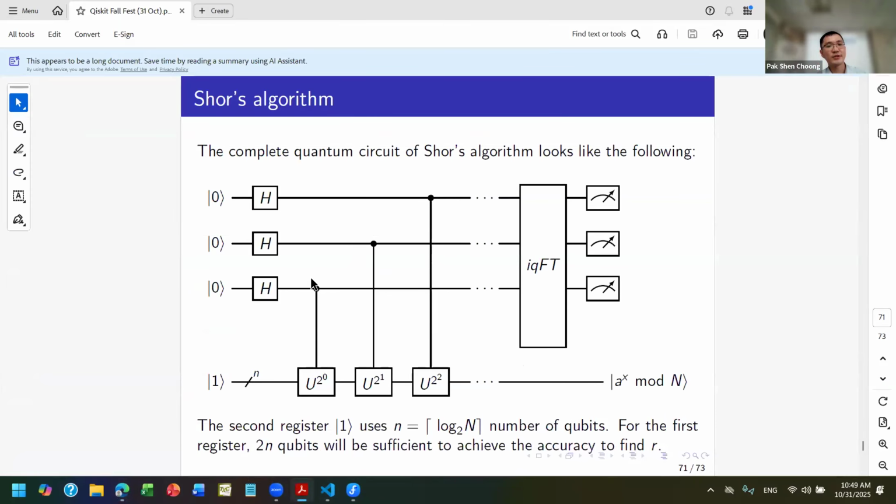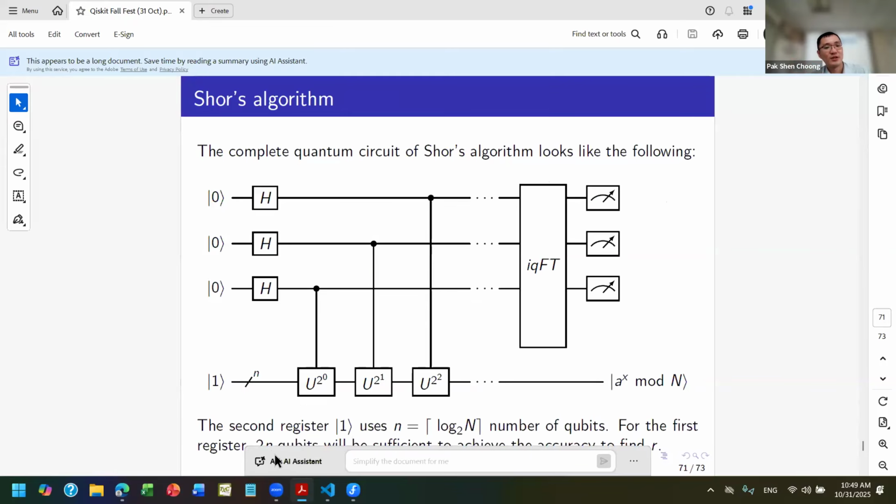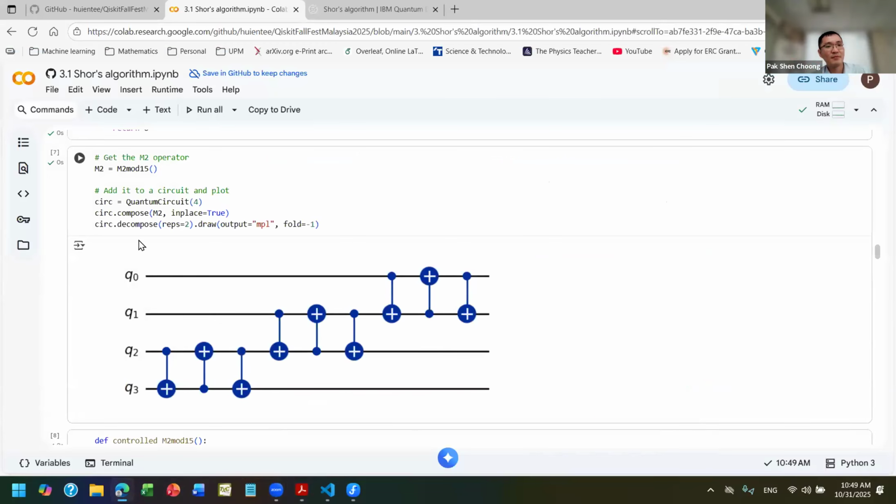You need to attach a control qubit onto it, right? Do you understand what I'm trying to say? So this unitary matrix, you perform through the permutations. And because of this permutation, you have what is in the module, the M2 operator.